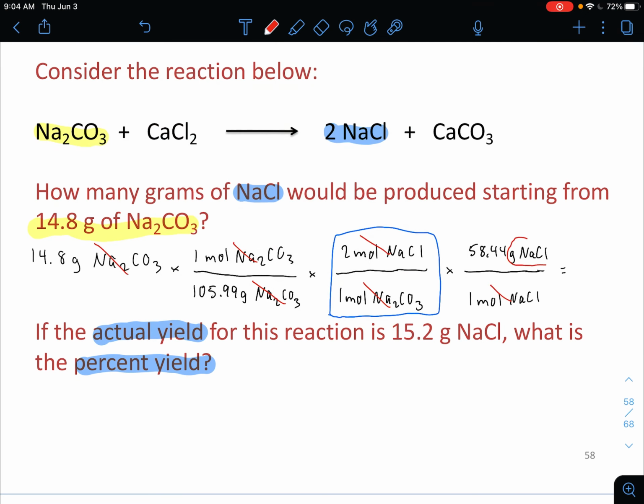We're left with grams of product. And let's see what we get here. To 3 significant figures, I got 16.3 grams of sodium chloride.